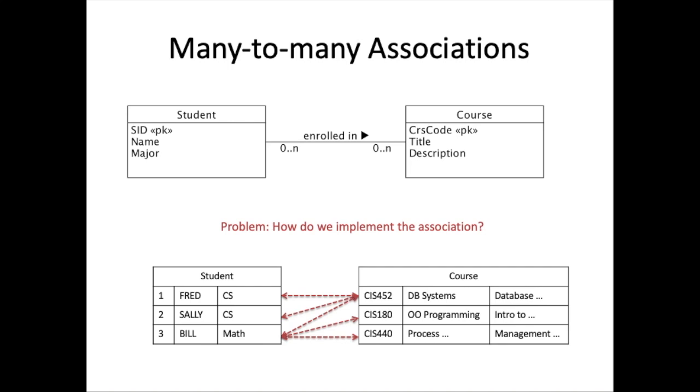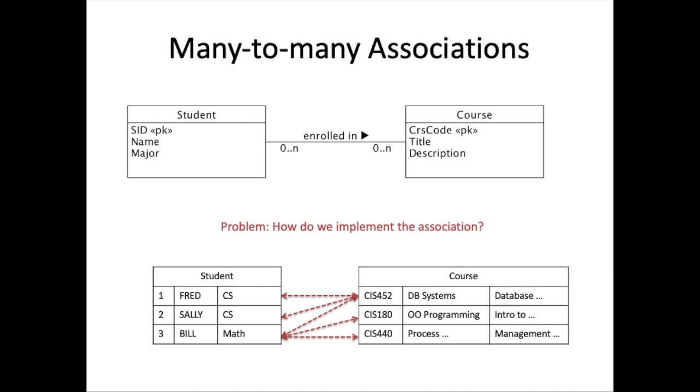And again, in this example, maybe that doesn't look so bad because we've only got name and major and SID that we're recording about a student. But in reality, there'd be a lot more attributes, right? And they'd all be stored redundantly.